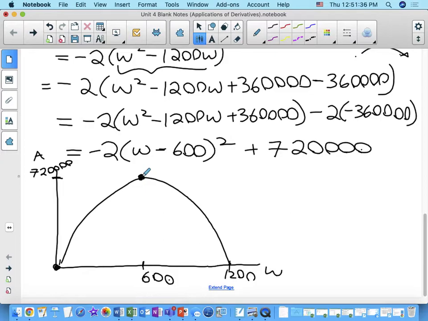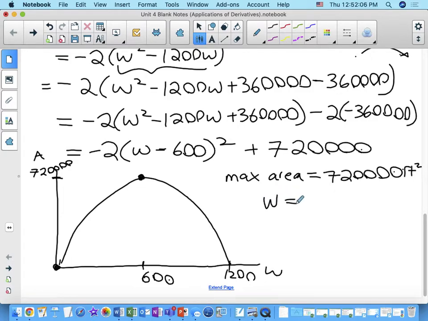So therefore, the max area is 720,000 feet squared. Okay, what is the width that makes that area possible? 600, yep.